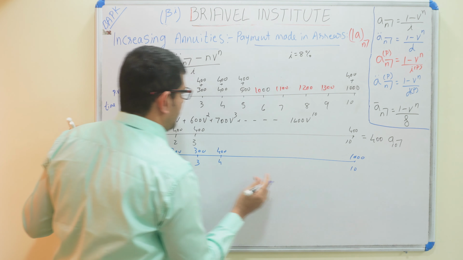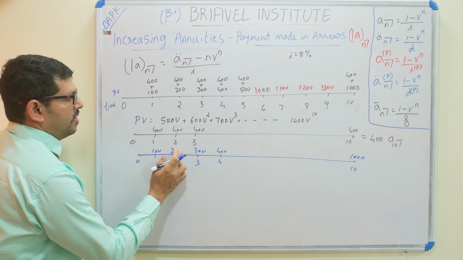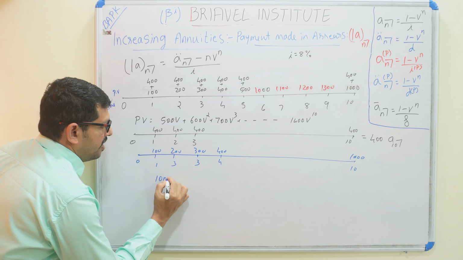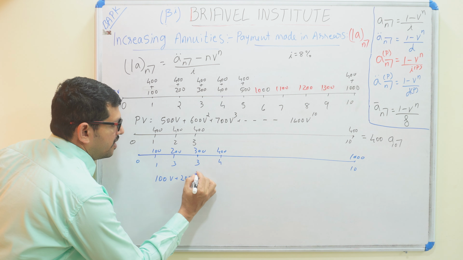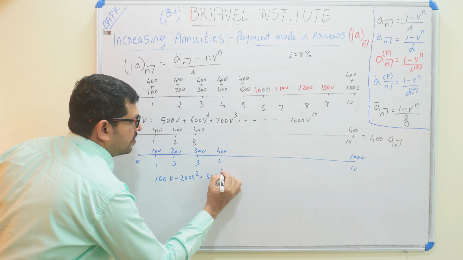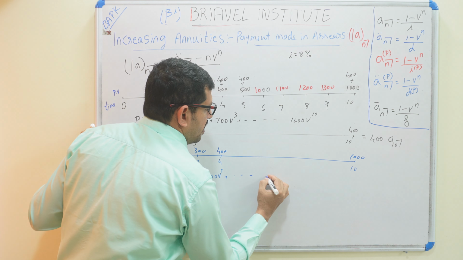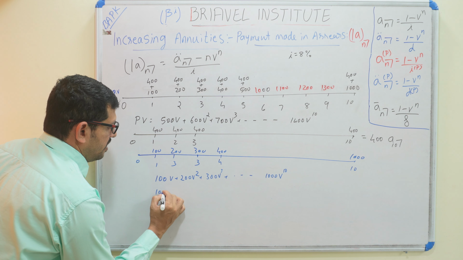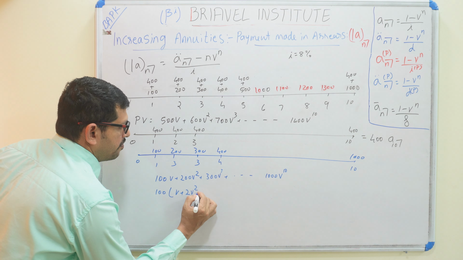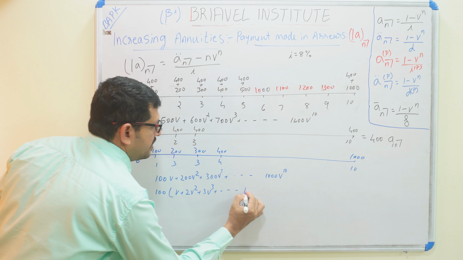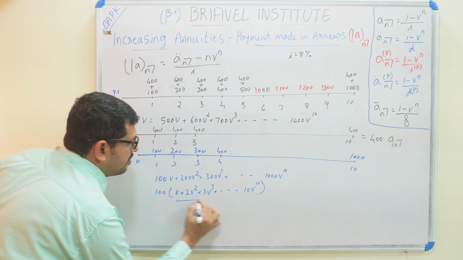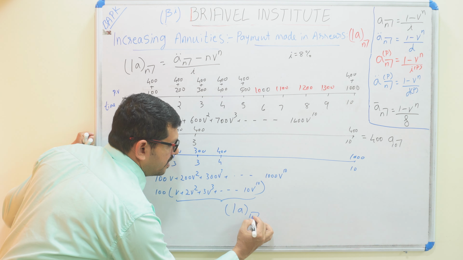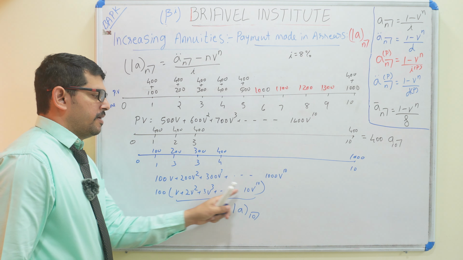Last problem we studied 100 plus 200 plus 300 plus 400. So this is an increasing annuity. We can take 100v plus 200v squared plus 300v cubed up to 1000v raised to 10. If you take 100 outside, we get v plus 2v squared plus 3v cubed up to 10v raised to 10. This term I can write as (Ia)10, the increasing annuity.